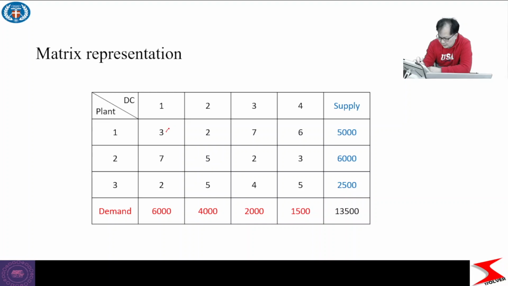So this one is x11, x12, x13, x14. We only consider the first plant, then we change the first plant to plant i. So x11 means the first plant ships the quantity to DC1, right? So this one is DC2, DC3, and DC4.